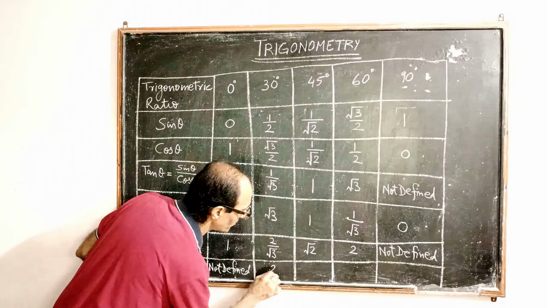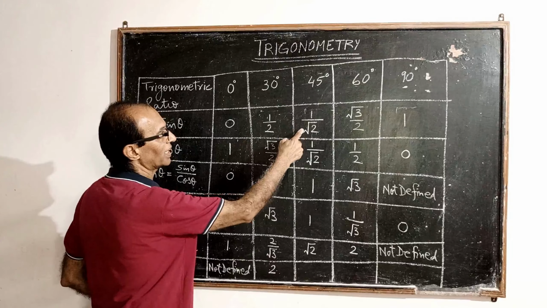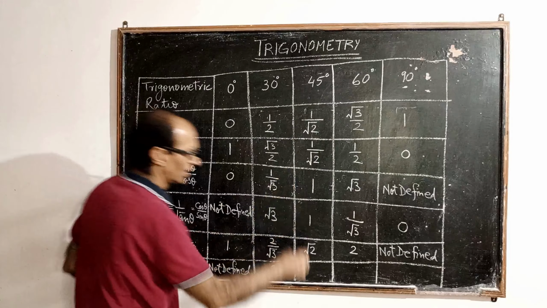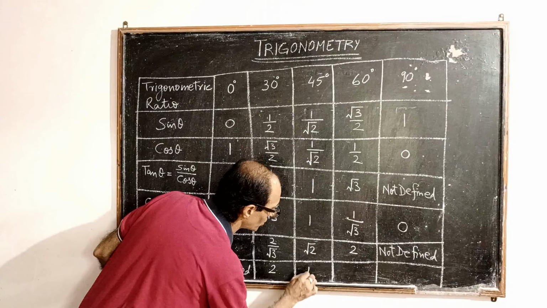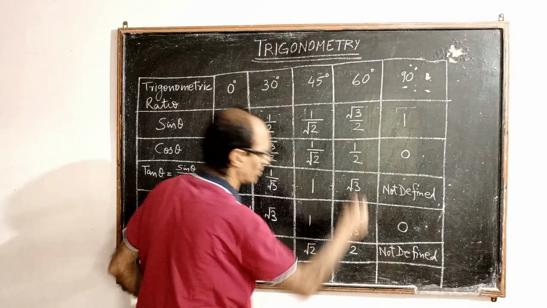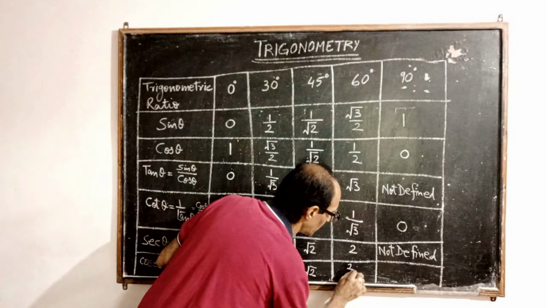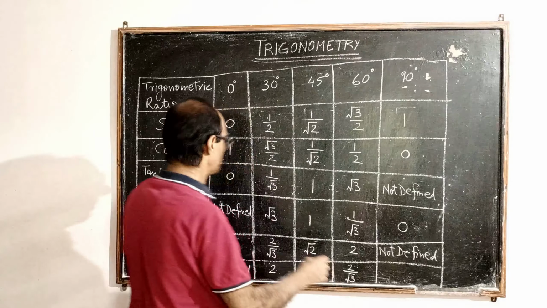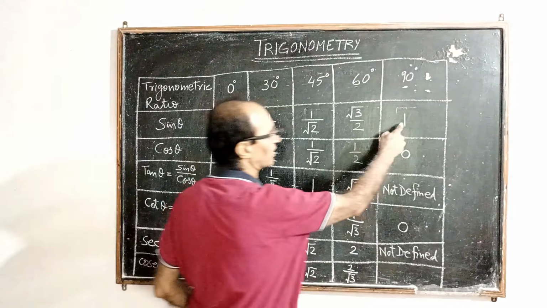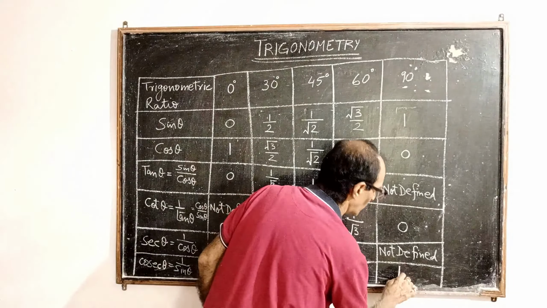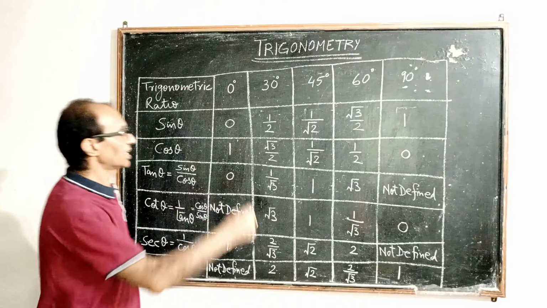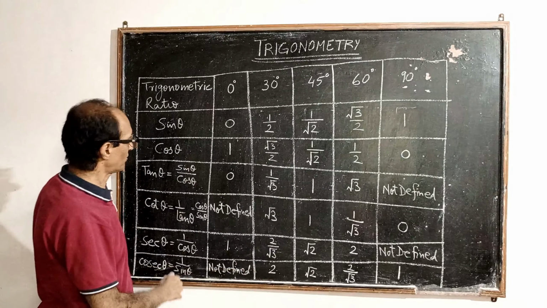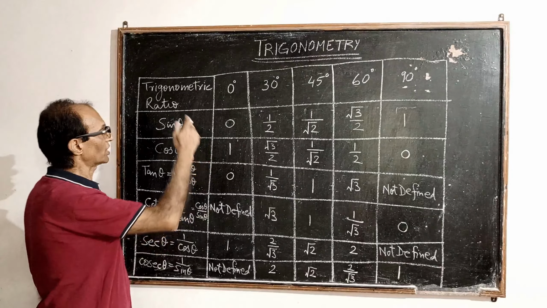That means 2. Cosecant 45 degrees will be the inverse of the sine theta here. That is under root 2. Cosecant 60 degrees will be 2 divided by root 3. And cosecant 90 degrees will be 1 divided by 1. That is 1. So this is basically a chart for the trigonometric ratios.